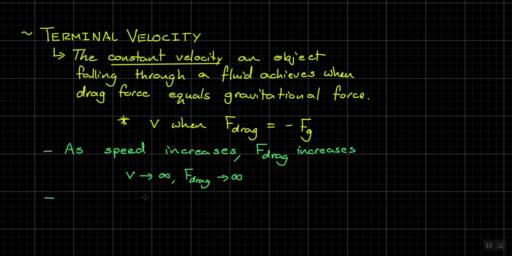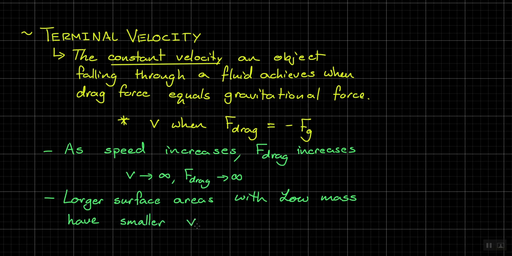We're just going to note that larger surface areas with low mass have lower or smaller terminal velocity.